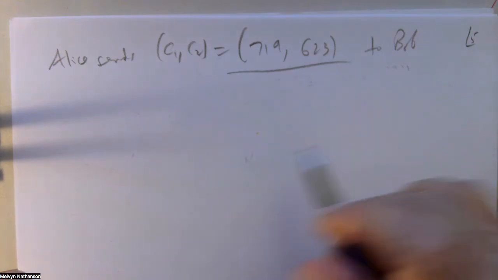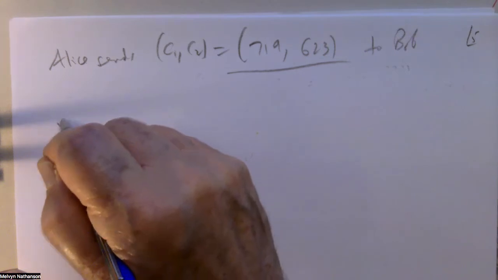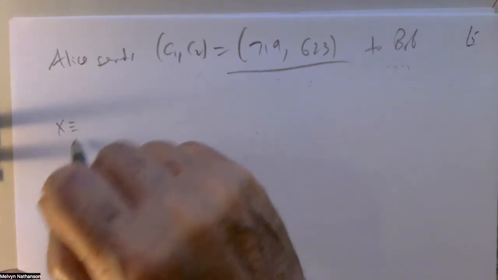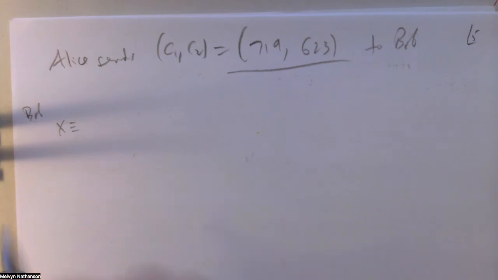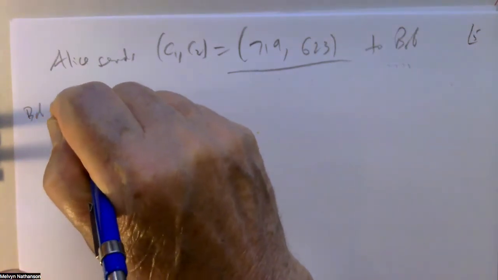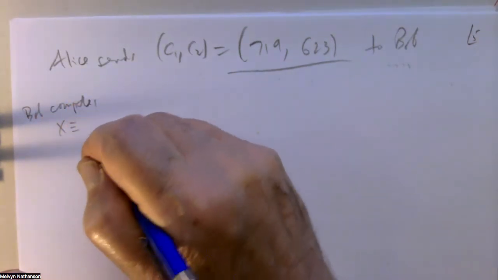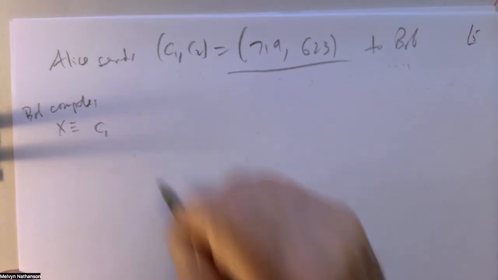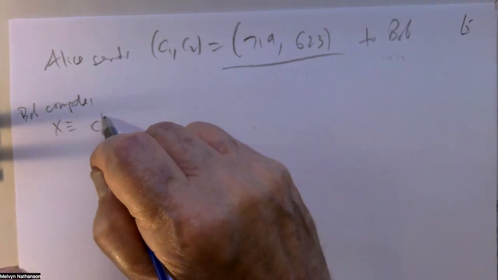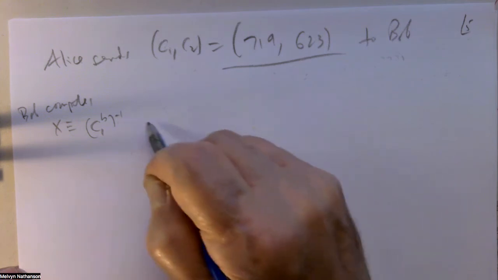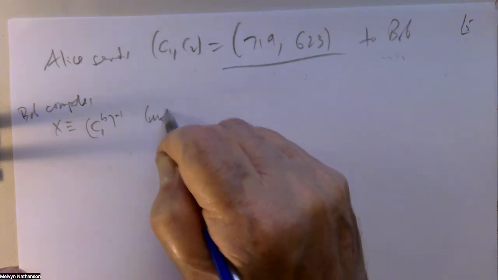So what does Bob do? First Bob calculates X, which is C1 to his secret number B, inverse mod P.